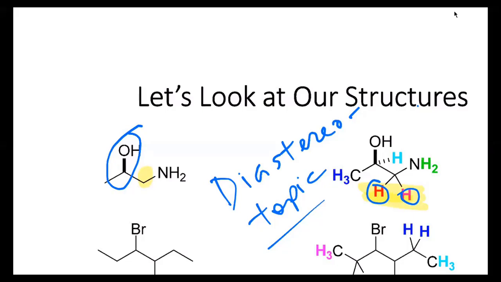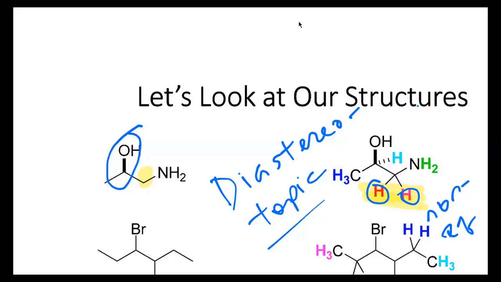And because they're next to a chiral center and diastereotopic, they're going to give you 2 different signals. So each one is non-equivalent to the other, and that matters when it comes time to look at the signal and see the splitting pattern. We're going to talk about that a little bit later.